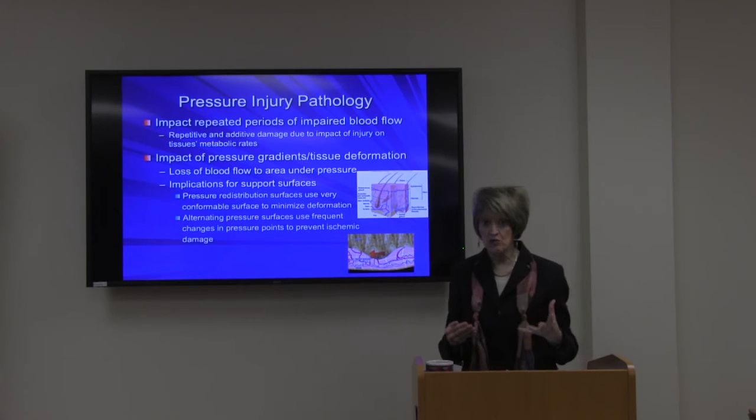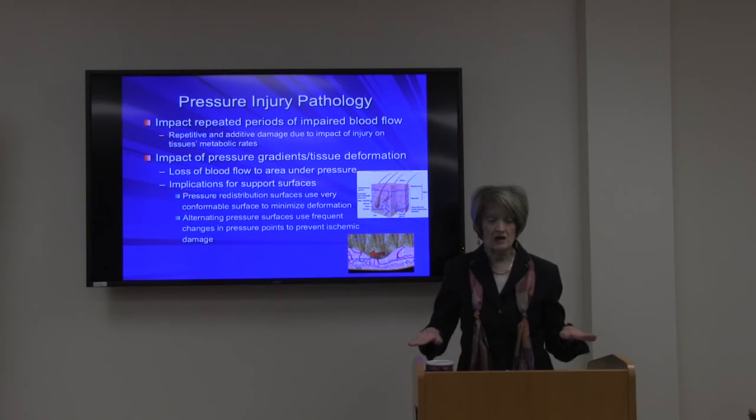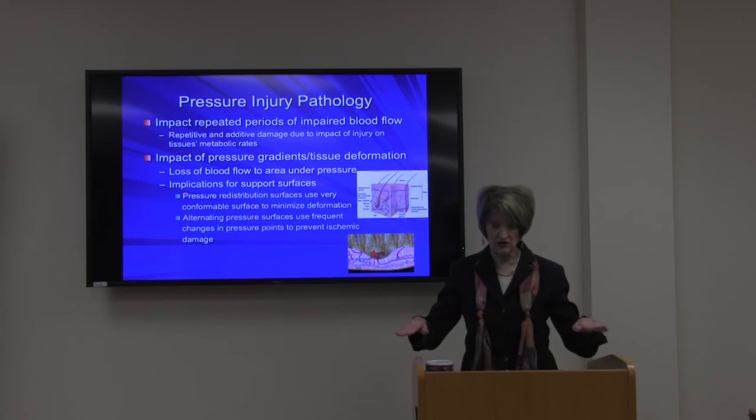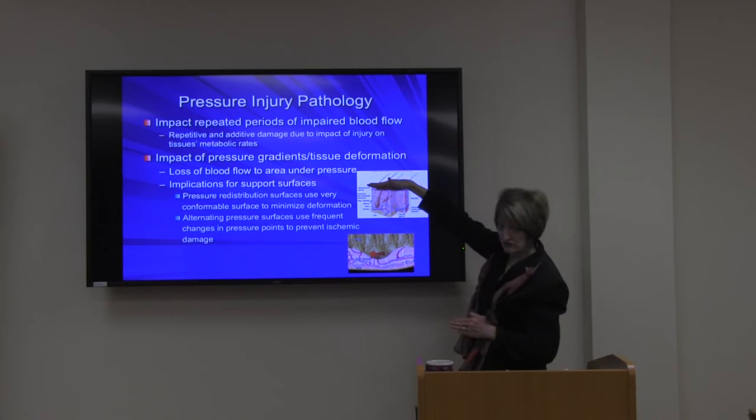So one approach that has been used in pressure ulcer prevention is to try to minimize soft tissue deformation, to use surfaces that very evenly distribute the pressure so that the pressure is not point pressure, it's exerted across the entire surface.